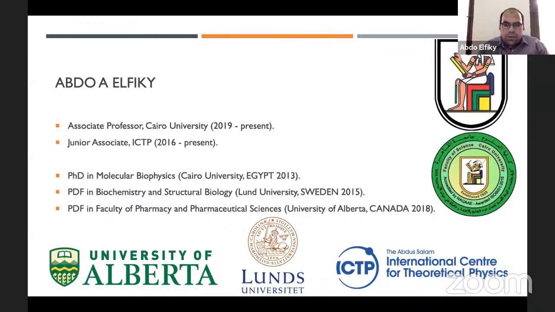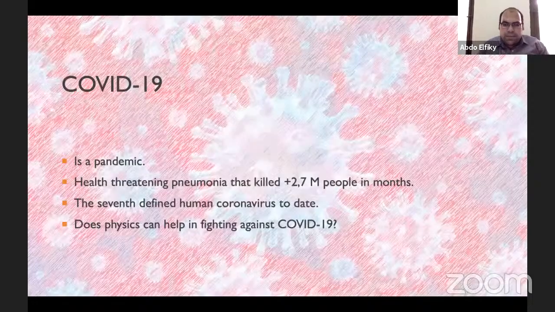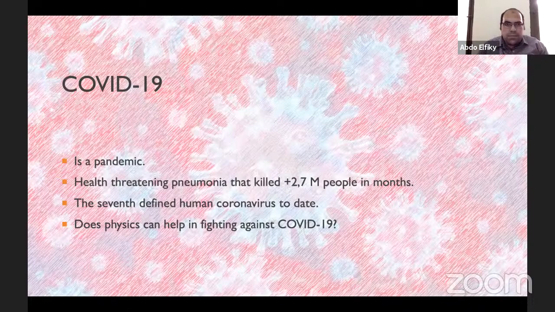Our talk today will be about coronavirus. All of us know about this pandemic disease. So how physics or biophysics can help in fighting this very dangerous virus that spread all around us and caused a lot of deaths and hospitalizations and affected our health, our economy, our everyday activity.